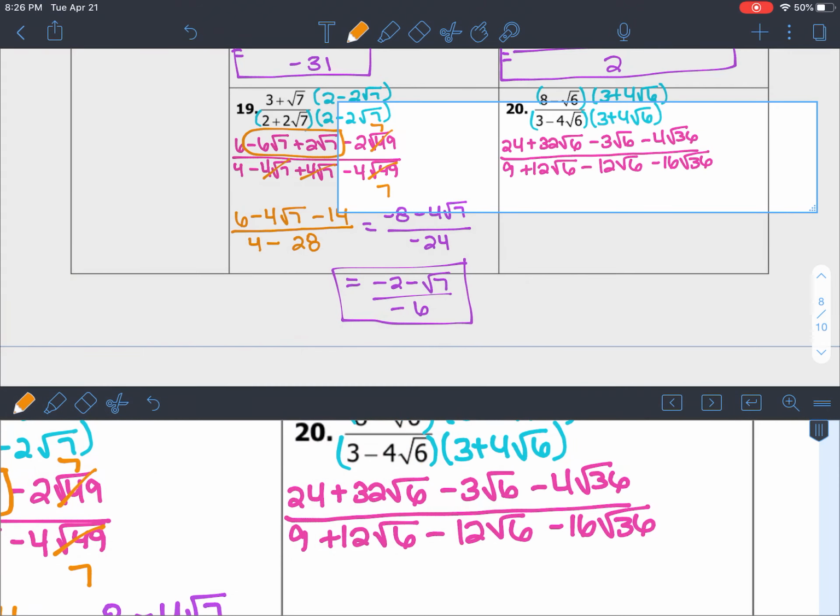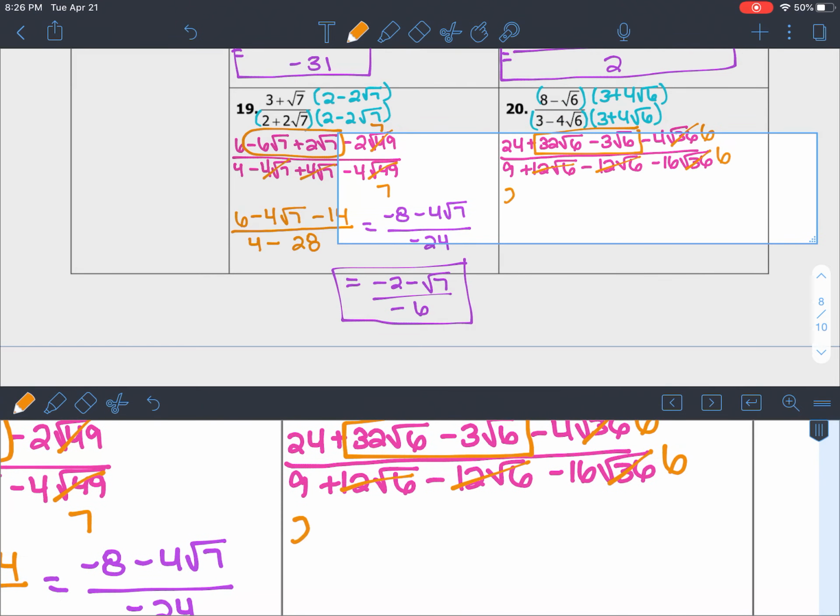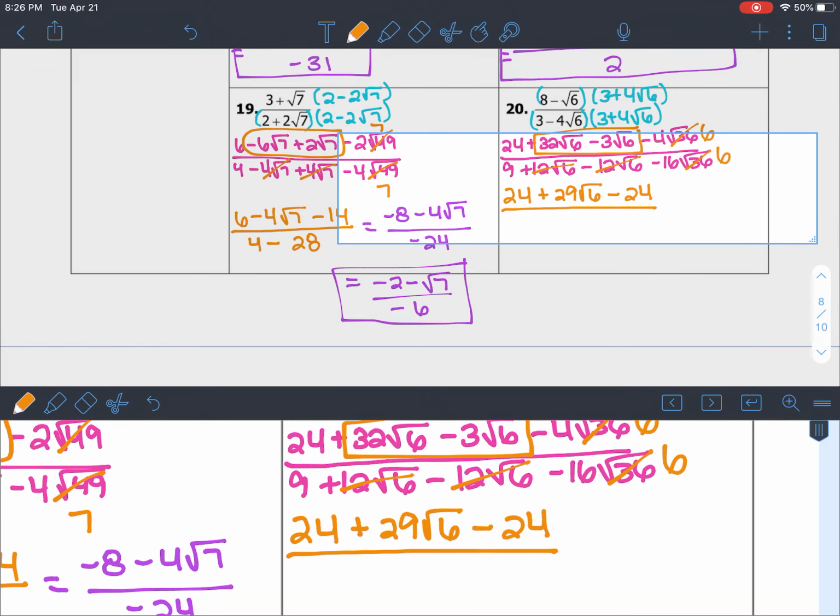And then we do our simplification here. So if we simplify, this becomes 6, 6. These guys cancel, and we can add these two together. So we're going to end up with 24 plus 29 the square root of 6, minus 24, all over 9 minus 96.